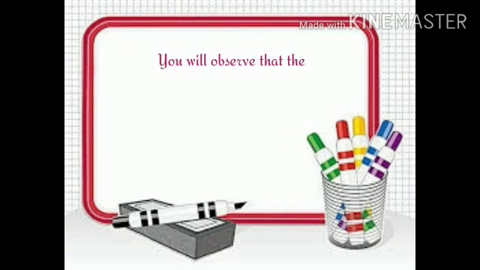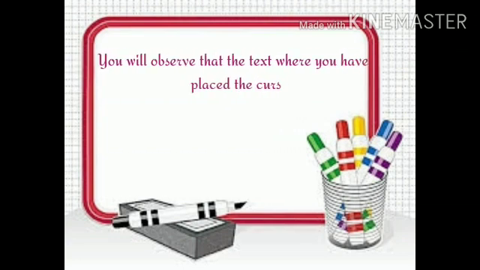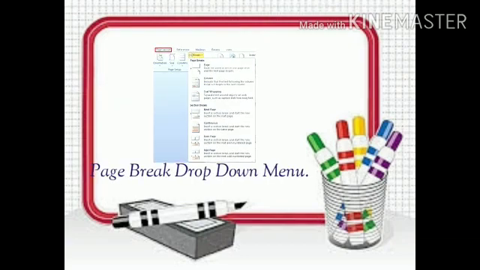Just place the cursor before the text where you want to insert the column break. Click the break button from the page layout tab and select the column option from the drop down menu. You will observe that the text where you have placed the cursor will shift to the next column.